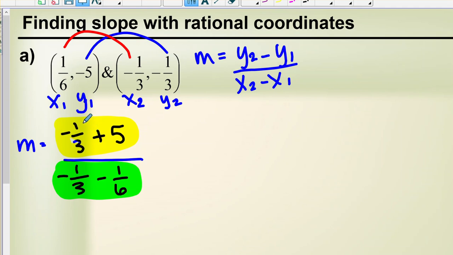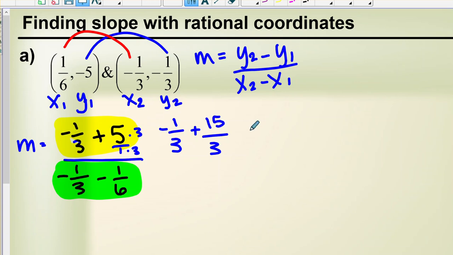So in order to add fractions, we need a common denominator. I can think of this 5 as 5 over 1, so my common denominator is going to be 3. Okay, so I have negative 1/3, and if I want this 5 to have a denominator of 3, I need to multiply the top and the bottom by 3.